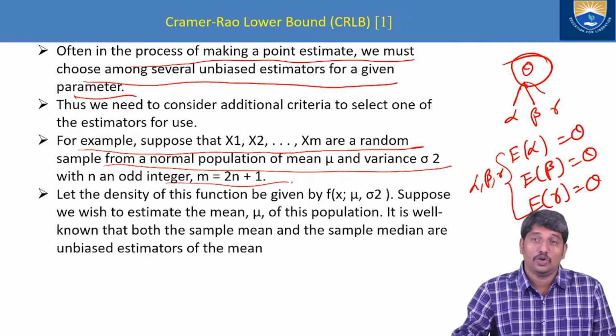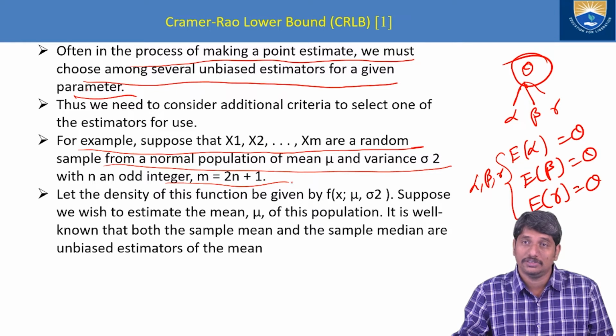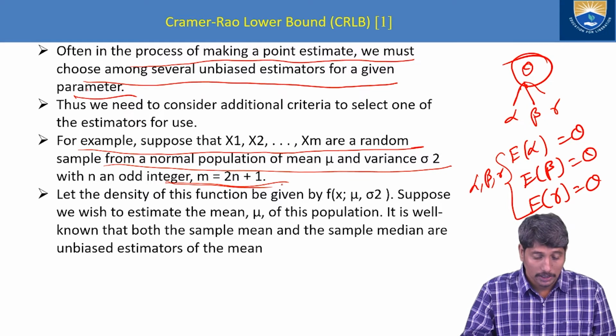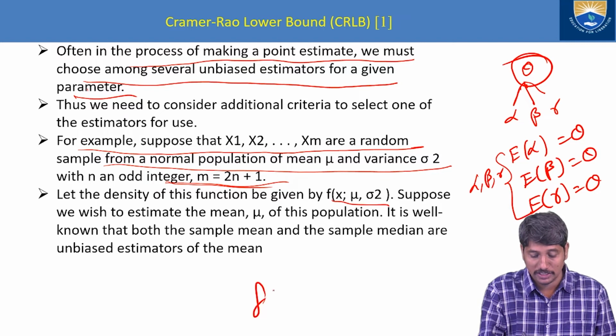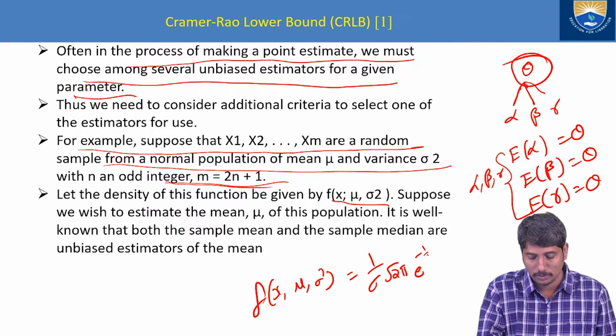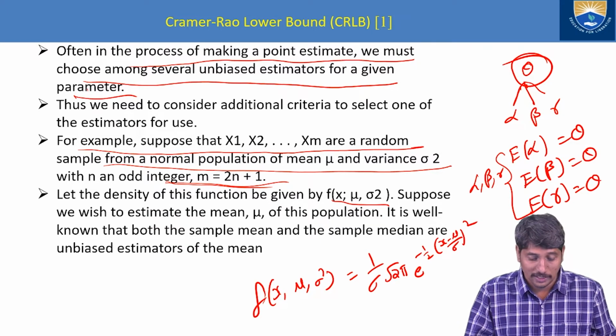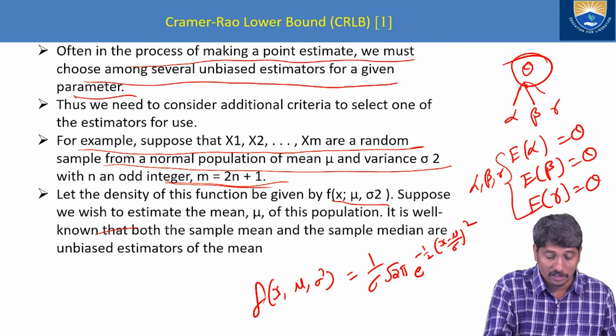And let the density function be f of x comma mu comma sigma square, which you can understand, because it's a normal distribution, as 1 by sigma root 2 pi e power minus 1 by 2 x minus mu by sigma square. Now, it is well known that both the sample mean and sample median are unbiased estimators of the mean.